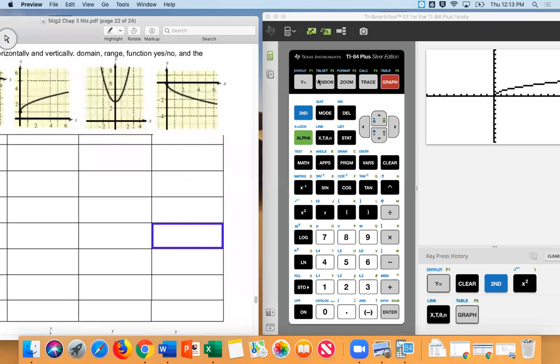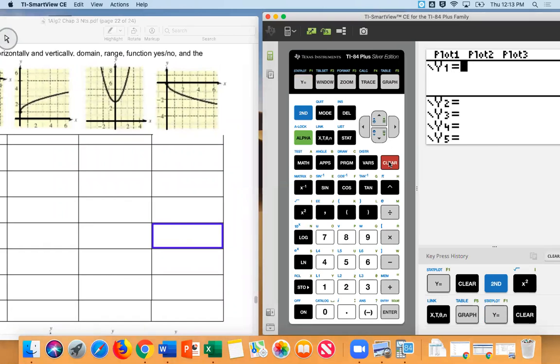First off, I need you to open up to 3.7 at the start and tell me what parent function this U shape looks like. See these?